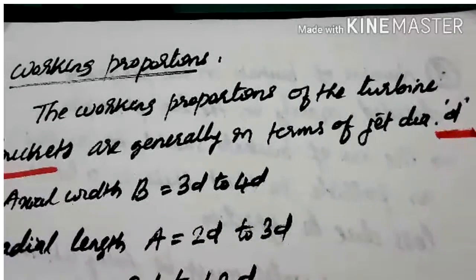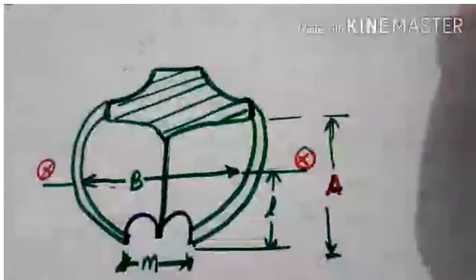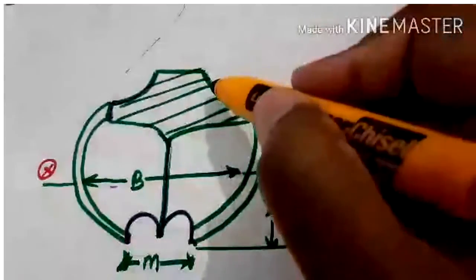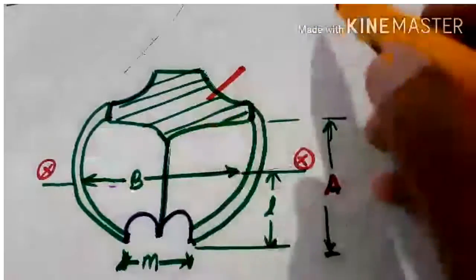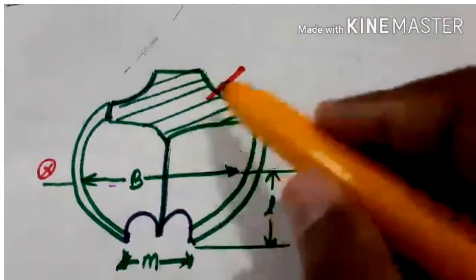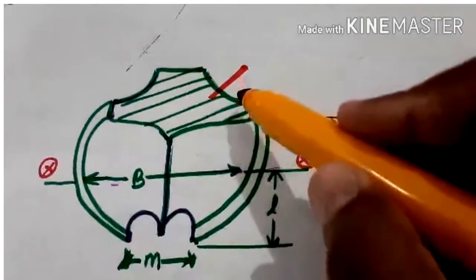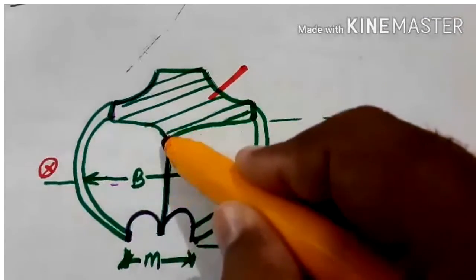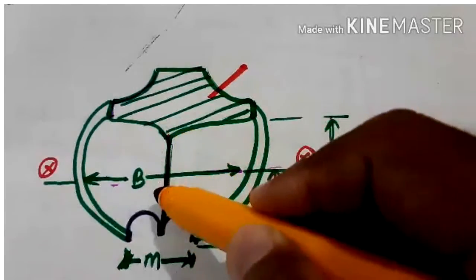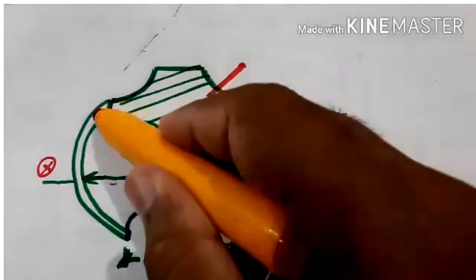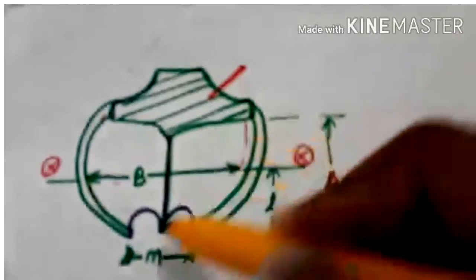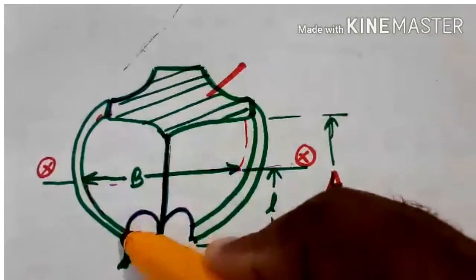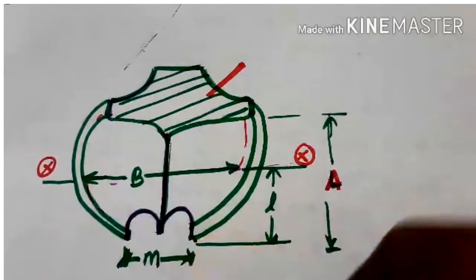As you know, this is the plan of the bucket, and this is the stem which is to be connected to the runner of the Pelton wheel. This central part is called the splitter, this is the curved shape of the bucket, and this is the groove which has been cut at the bottom of the bucket.